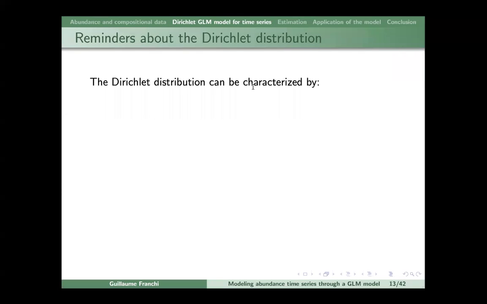Some reminders about the Dirichlet distribution. I will not enter into the details because I won't have time. But just keep in mind, if you are not familiar with it, that it can be characterized by its mean vector lambda, so we have the mean of each relative abundance, and the dispersion parameter phi.